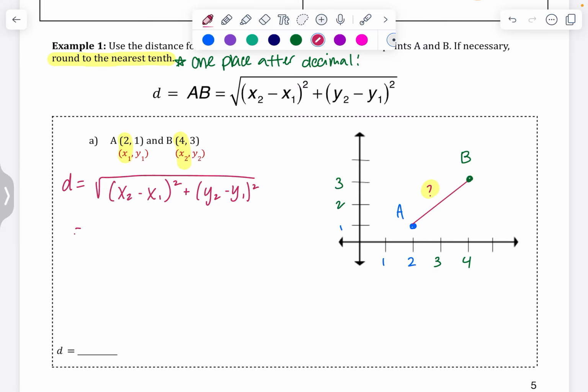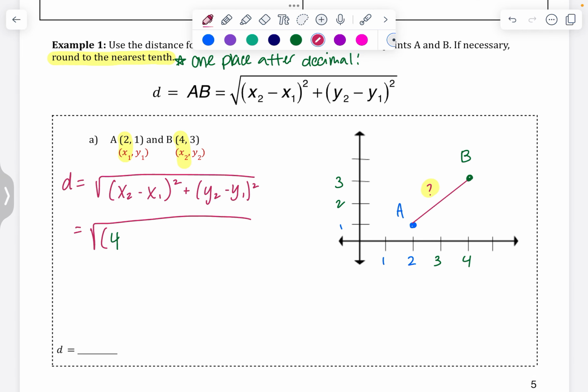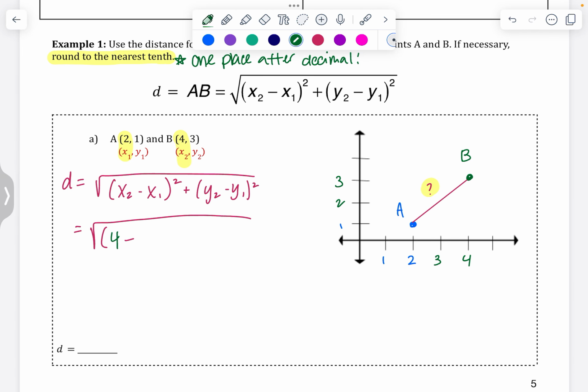As I'm building up my equation, I have the square root of x2, which is 4, minus x1, which is 2. I'm going to close my parentheses and square it.